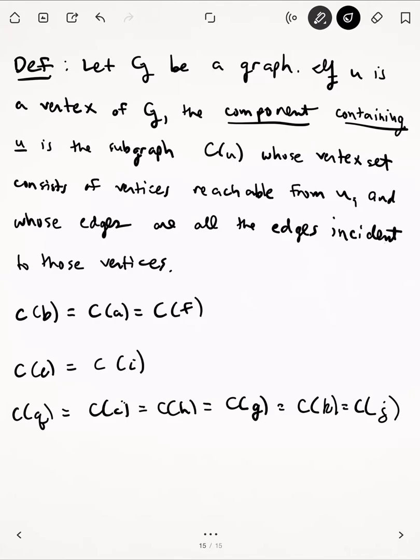And if they have no points in common, they are completely disjoint. So the component of B and the component of A are the same. And that motivates the next theorem.